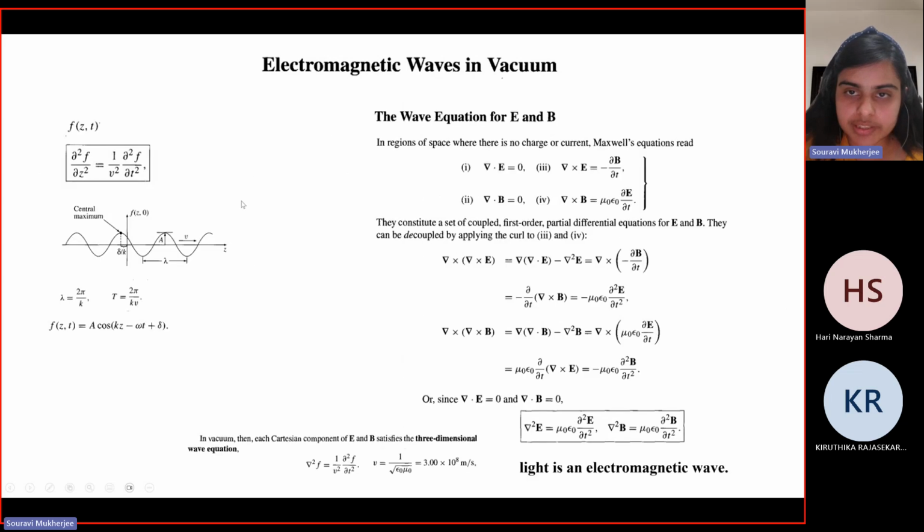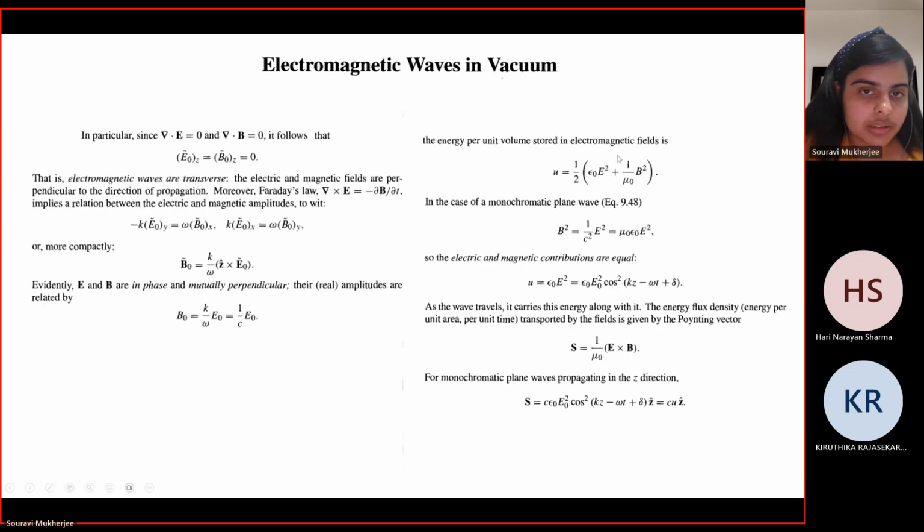And now if you use the expression we found here, curl of E equal to minus del B by del t, you can use it to find E when B is given or vice versa. Consider that you have a k dot r minus omega t kind of dependence. When you do curl of E, k will come up, while when you do a time derivative, omega will come up, because you have omega t dependence.